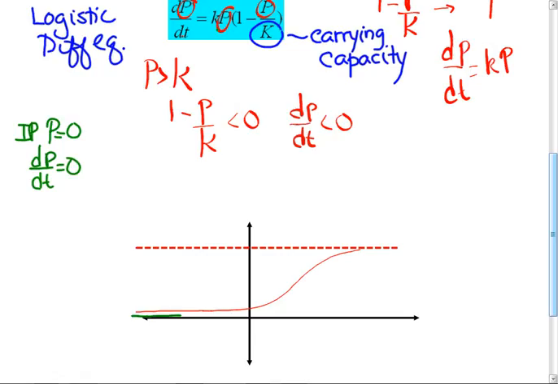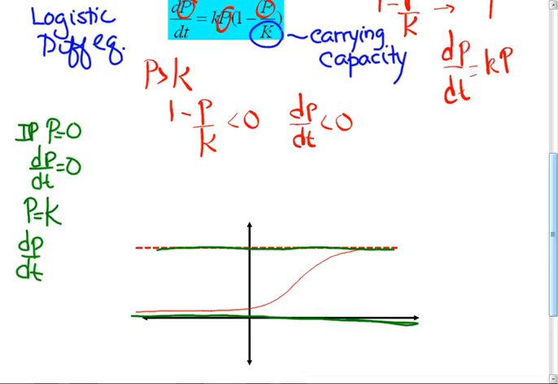That's this. This is one of the equilibrium points. And this is connected to chaos theory, by the way. Logistic is heavily connected to chaos theory. What if P is equal to the carrying capacity? What's dP/dt? If P is equal to capital K, if these are equal, then it's 0. This is the other equilibrium.